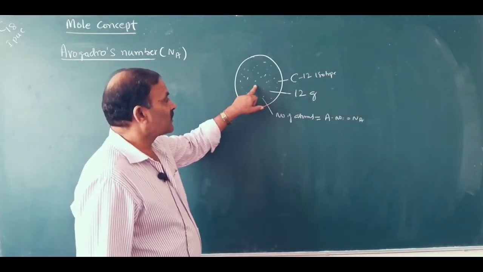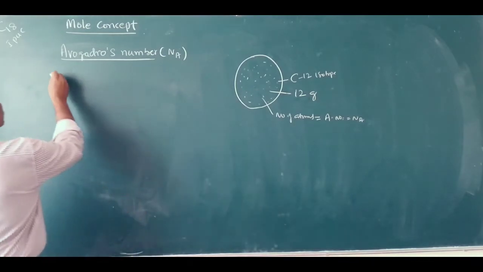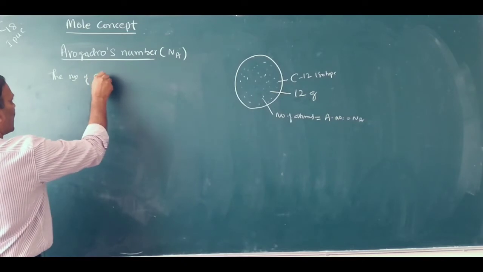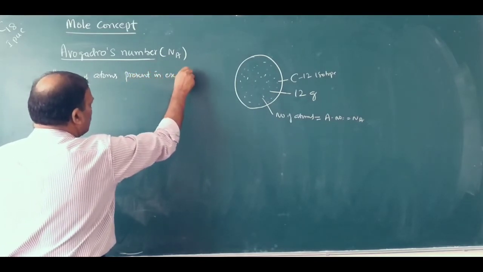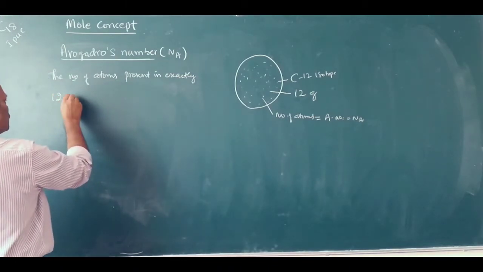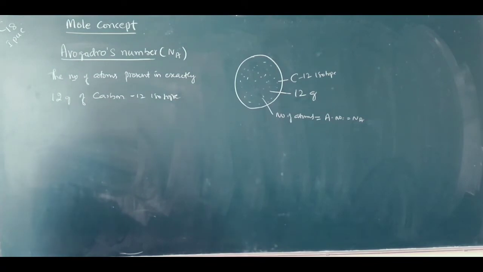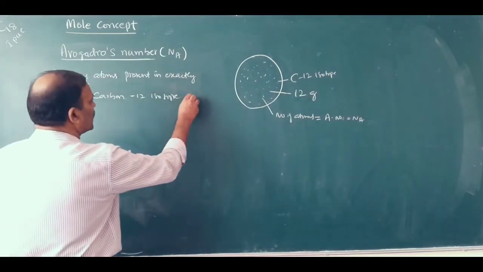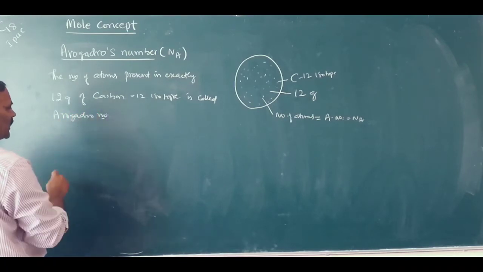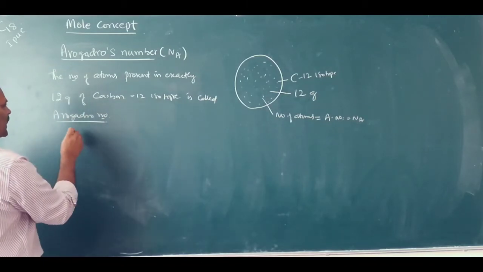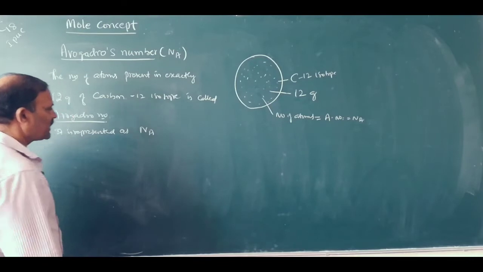The number of atoms present in exactly 12 gram of carbon 12 isotope is called Avogadro number, and it is represented as Na.